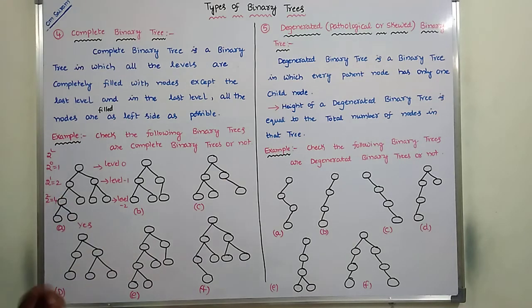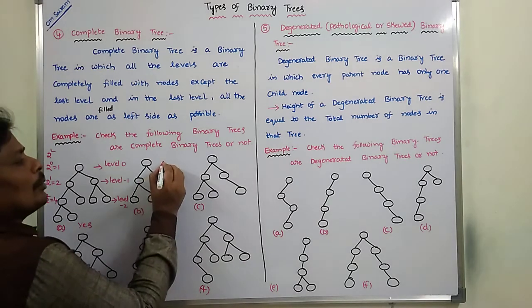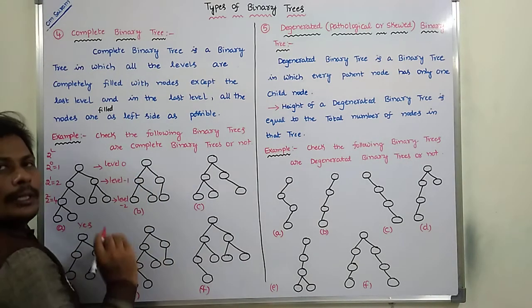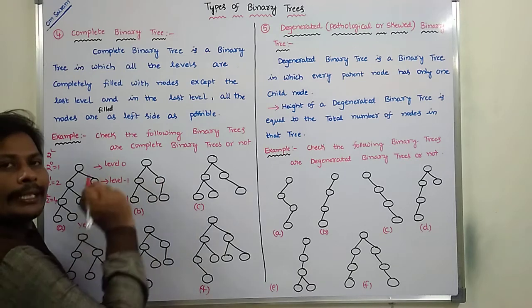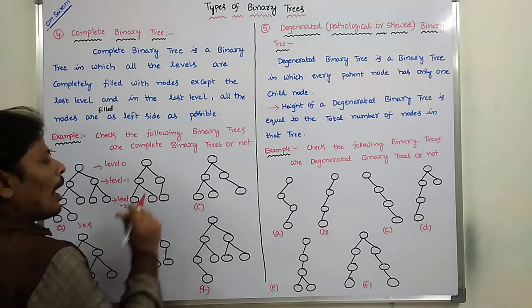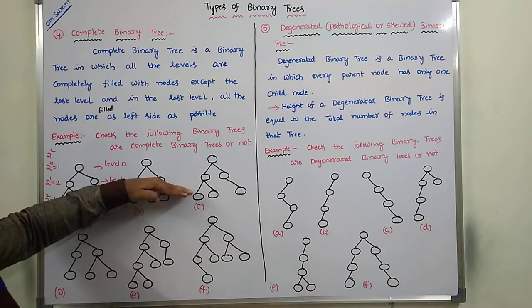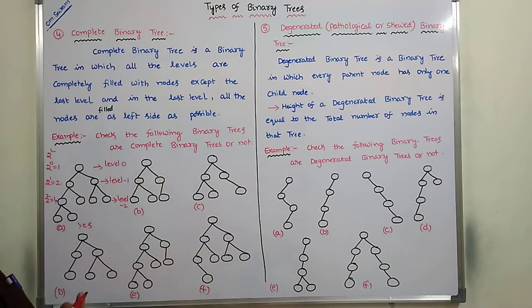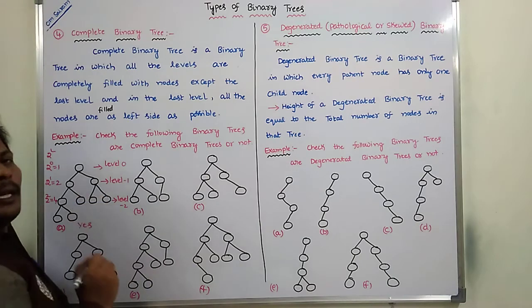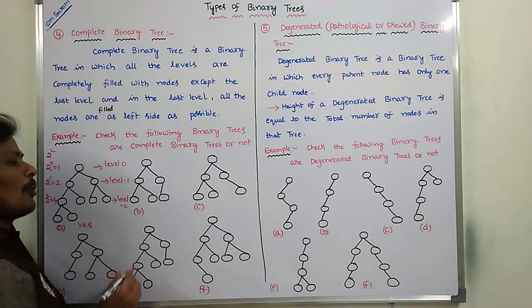Next, go for the second one. In level 0, it contains one node. In level 1, it contains two nodes. So up to level 2, all levels are completely filled with nodes. In the last level, the nodes are filled as far left as possible.